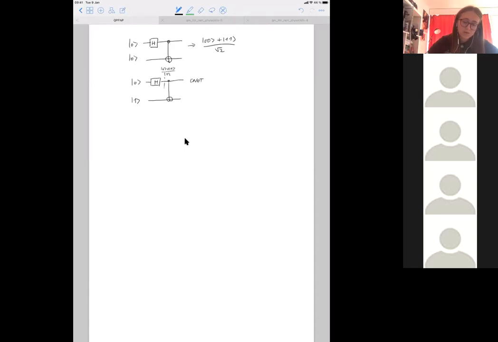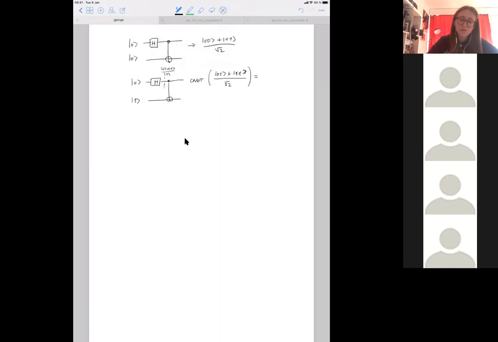Then we need to apply C-not to 0, 1 plus 1, 1 over square root of 2. Ah, sorry, 1, 1.